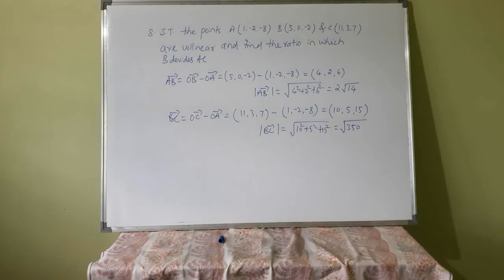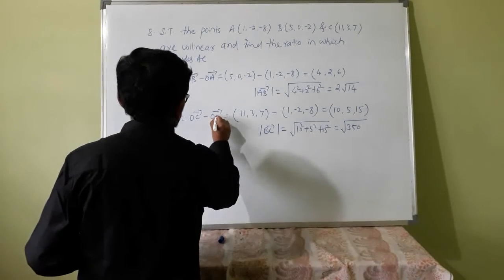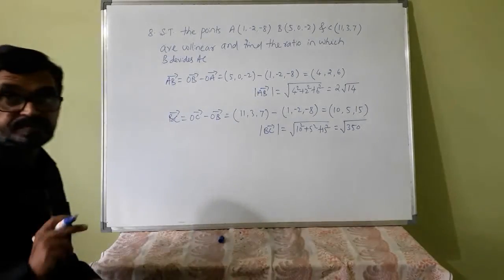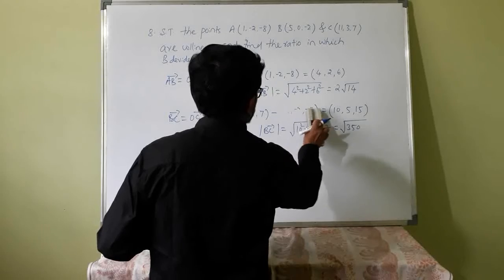Yeah, 25, 4, the 6. Something went wrong. Oh, sorry. This should be B. Okay. It is OC minus OB, isn't it? So this will be different.